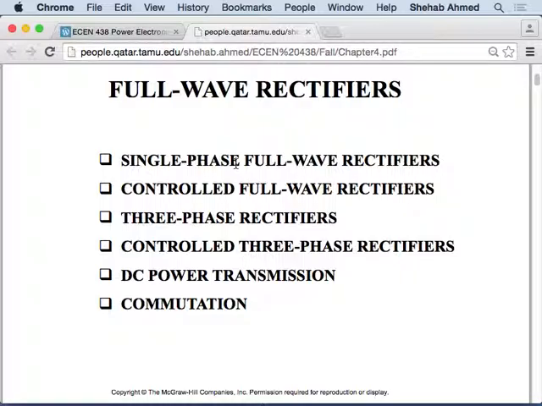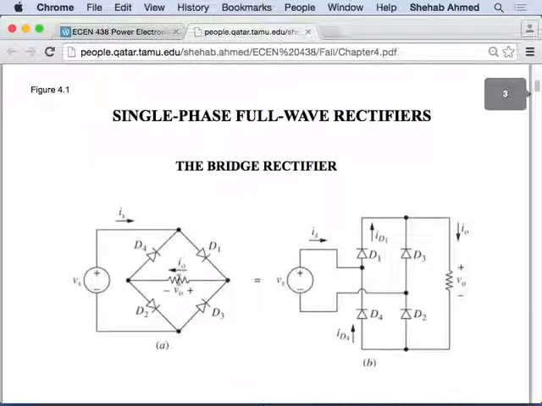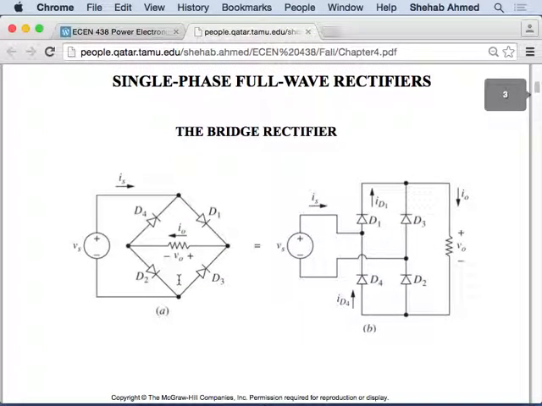And then we will look at the three-phase rectifiers, also uncontrolled based on diodes, and then controlled based on SCRs as well. And then we will talk about some applications of controlled three-phase rectifiers in the power system. A few applications of those. Okay, so that's the flow.